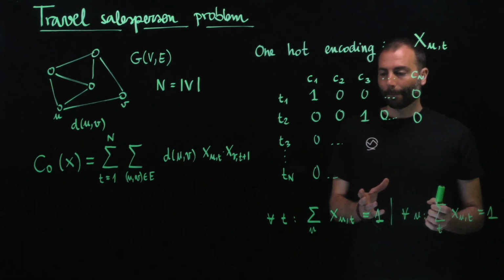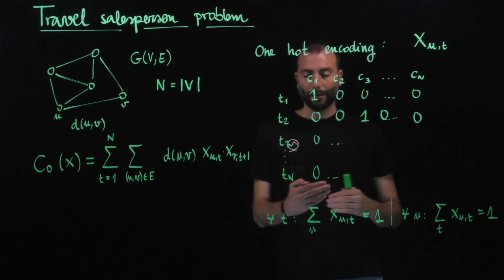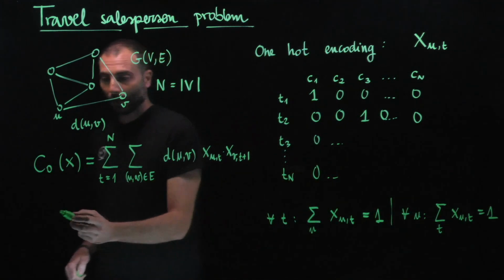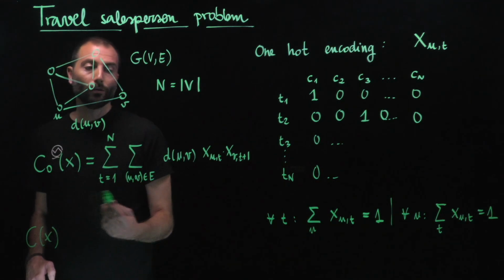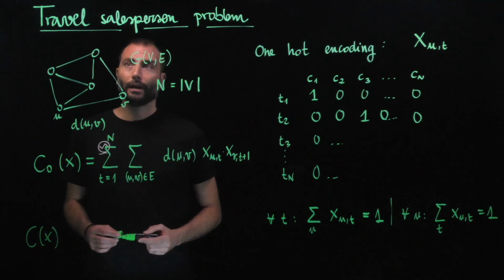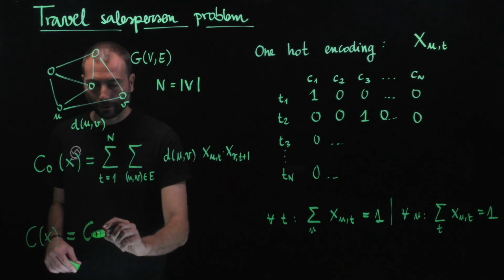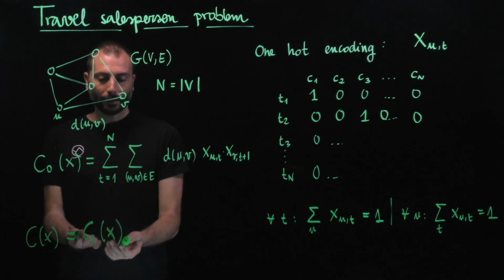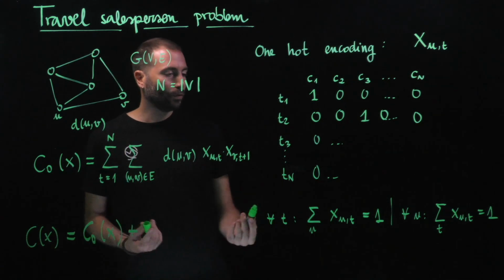The goal of this example is just to show that the cost function can be modified to include these constraints as follows. The cost function that will allow for a QUBO formulation of the traveling salesperson problem would be the original cost function that we had, that doesn't take into account the constraints, to which we add penalization terms.